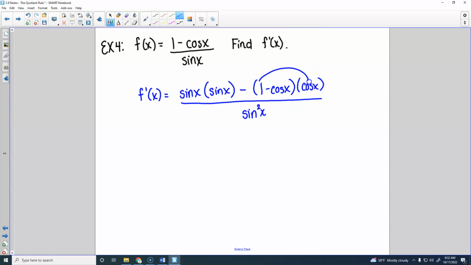So if we simplify this sum, we're going to get sine squared x minus, I'm going to put the bracket here because that negative still has to be distributed, cosine x minus cosine squared x, over sine squared x.